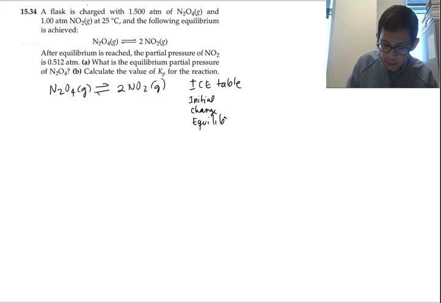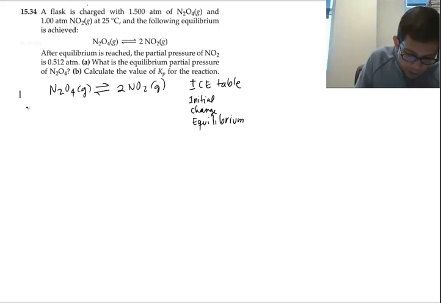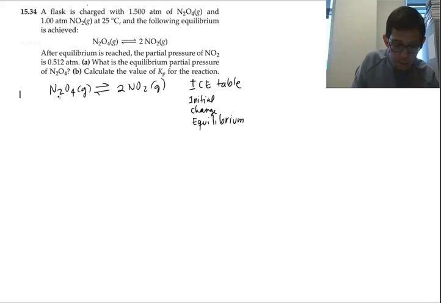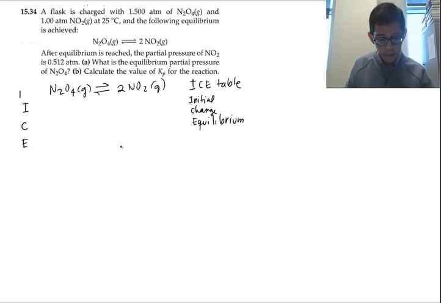To construct an ICE table, you write the equation on top, and then on the left side there's a row for I, a row for C, and a row for E: initial, change, equilibrium.